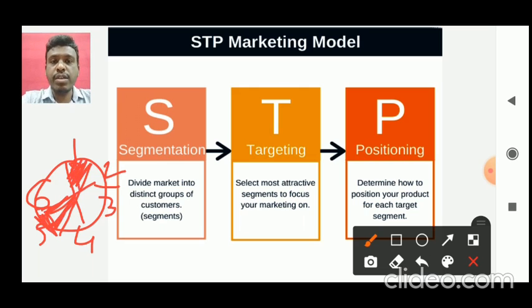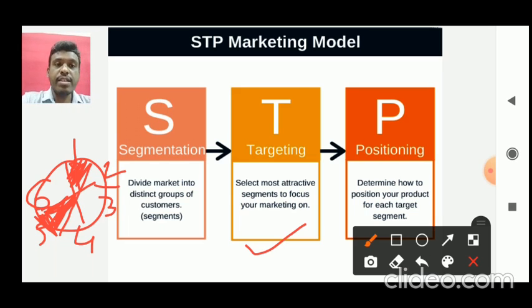These are the 2 segments that they feel they can serve profitably, that is, they can give products and services to them and also earn a decent profit out of it. So you are focusing all your marketing strategies on only 2 segments now. This is nothing but targeting. So what is targeting? Targeting is selecting the most attractive segments, attractive in terms of business, that is profit.